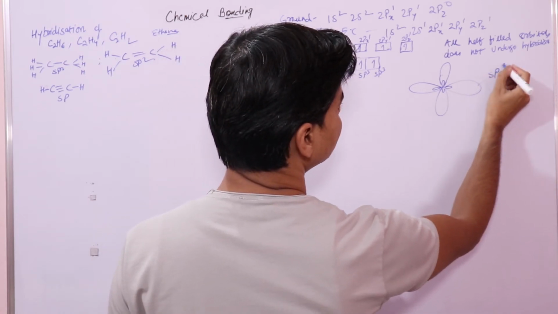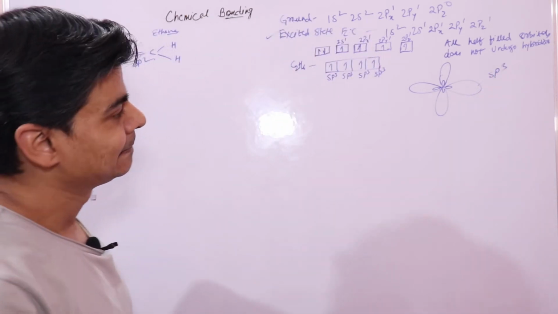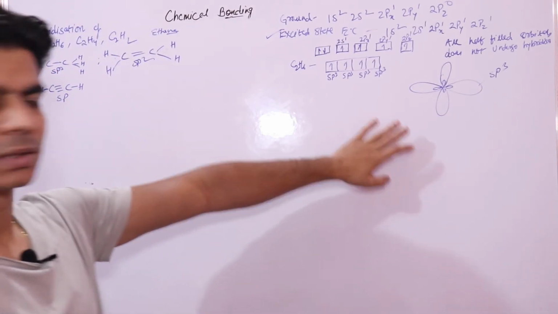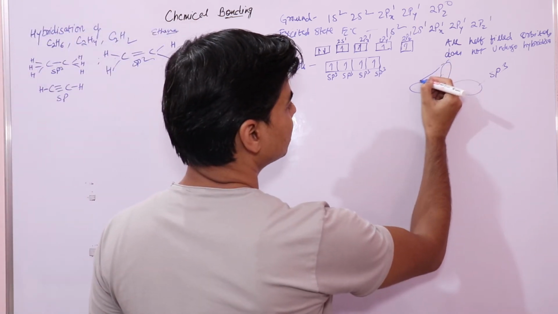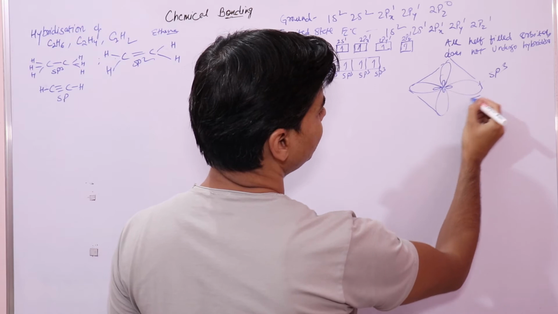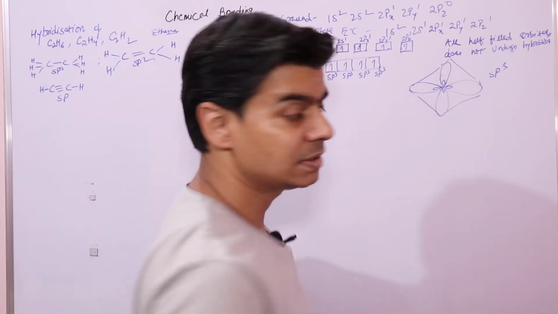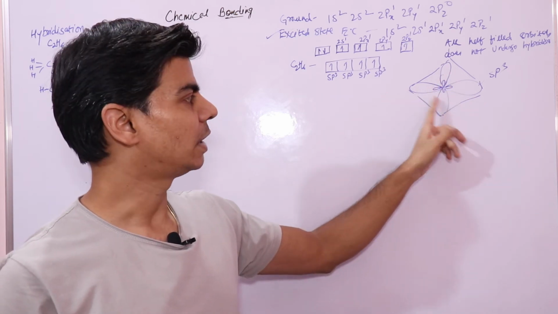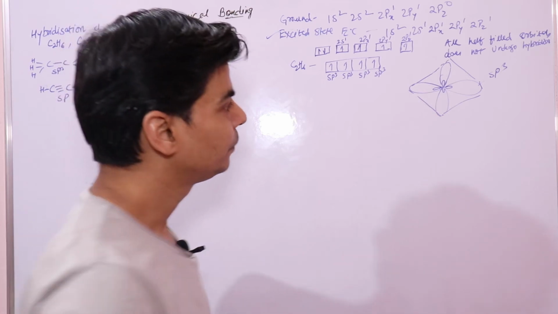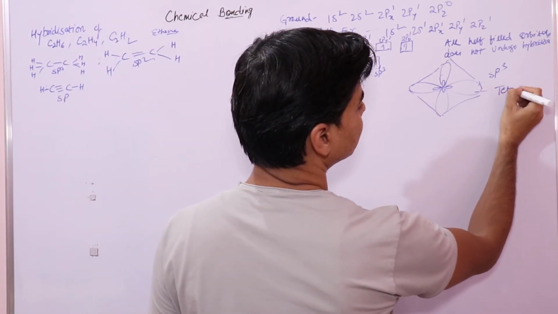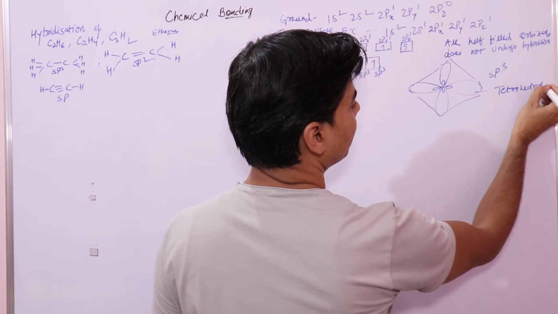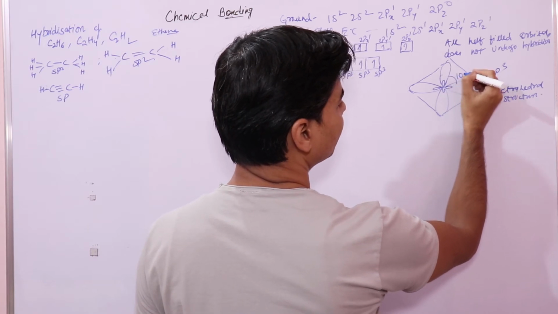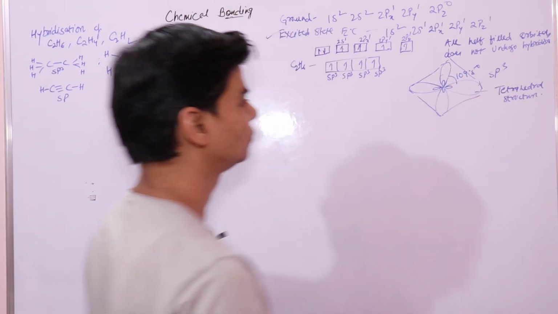These are sp3 hybrid orbitals. So each of the carbon atom is sp3 hybridized, and each of the sp3 hybrid orbital is directed towards the corner of the tetrahedron, and the molecule has tetrahedral structure, right? And angle between them is 109.5 degree.